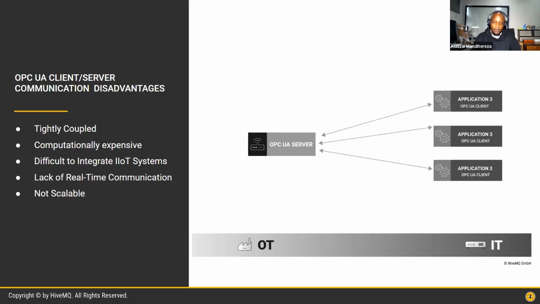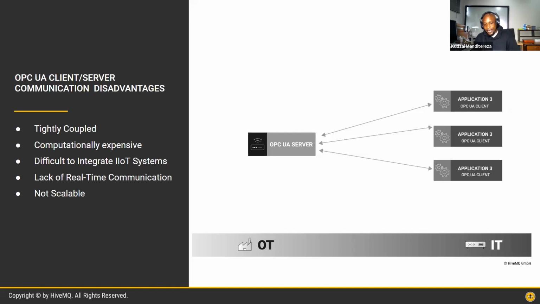And third, while the OPC UA client-server approach allows for the exchange of any type of information in a flexible manner, it comes at the expense of a lack of real-time communication between the factory floor and the cloud, of which we know there are some analytics applications that require you to actually provide an answer within a time-critical or millisecond latency. So that isn't something that is available with a client-server communication approach.